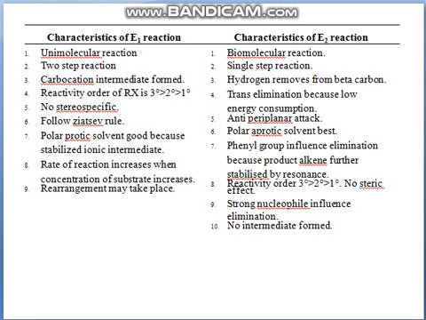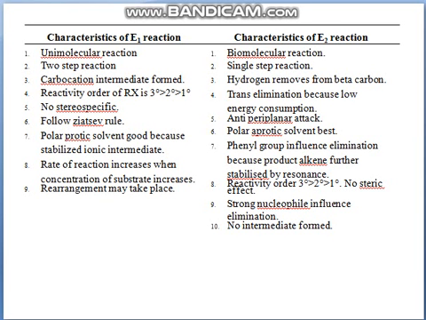Then in E1, the reactivity order is decreasing. The trans elimination is favored because energy consumption is low. It is not stereospecific. The E2 reaction is an anti-parallel attack. A polar protic solvent is good because it stabilizes the ionic intermediate.